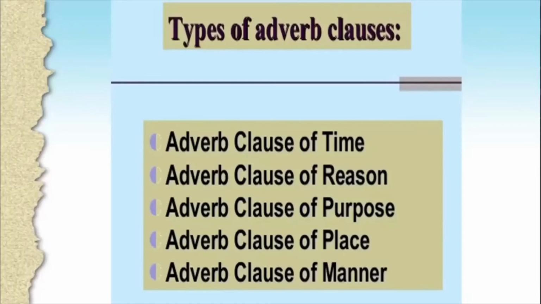So you have adverb clause of time, reason, purpose, place and manner. There are some other types of adverb clauses also, but we will not look at them today. Okay? The reason I told you right in the beginning of this lesson. So let us talk about some of the types of adverb clauses with examples, and then I will give you an assignment to find out examples about the other types.